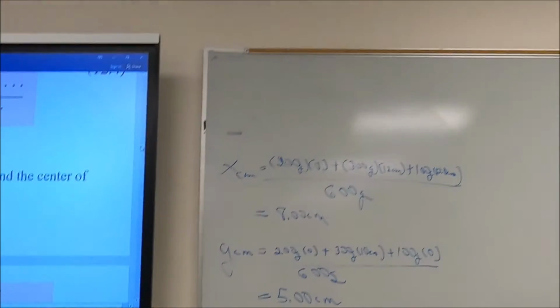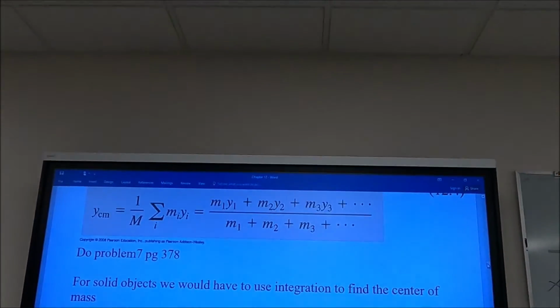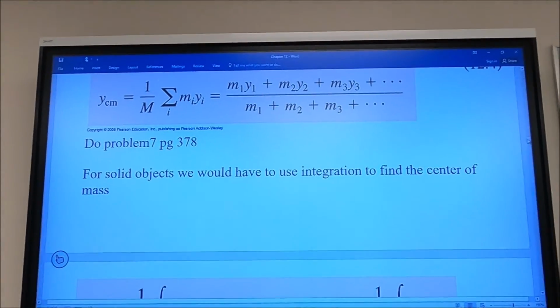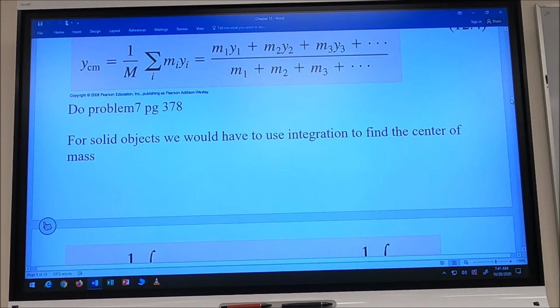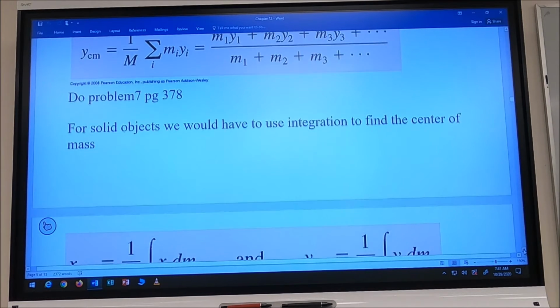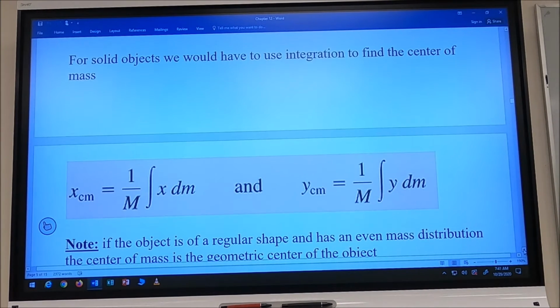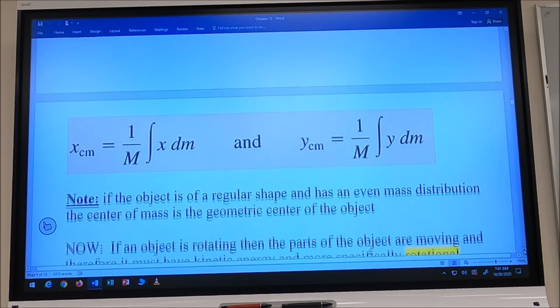For solid objects, not little blobs connected by massless rods, we'd have to use integration to find the center of mass.